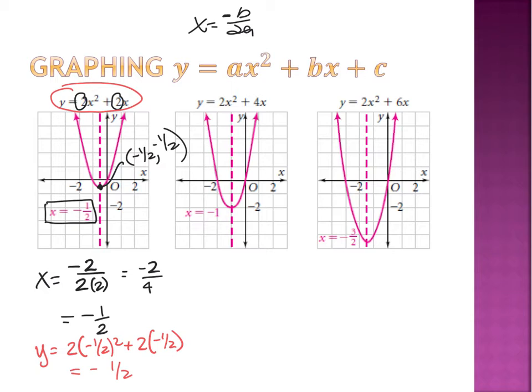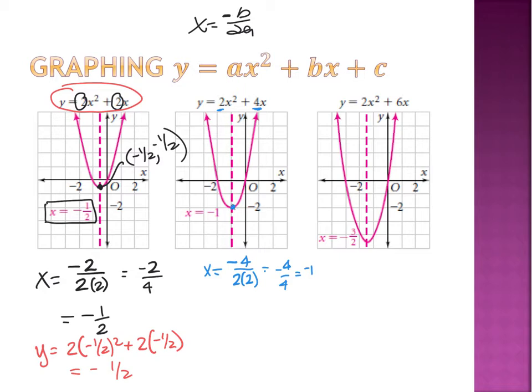For my next axis of symmetry, I have x equals, in this case, my b value is 4, and I have to do the opposite of that, so that would be a negative 4, divided by 2 times a, which in this case, a is 2. So I end up with a negative 4 divided by 4, which will give me a negative 1.